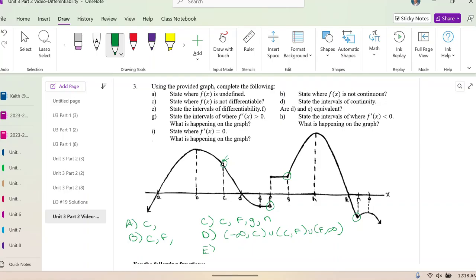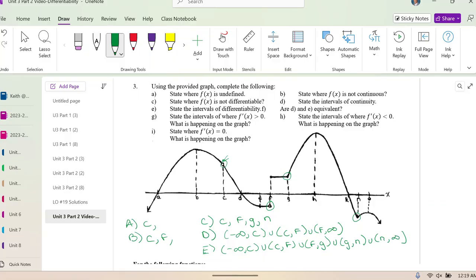Part E says state the intervals of differentiability. Well, differentiability is where it's continuous and it doesn't have a sharp turn. So it'd be from negative infinity to C, C to F, F to G, and then from G to N, and from N to infinity.